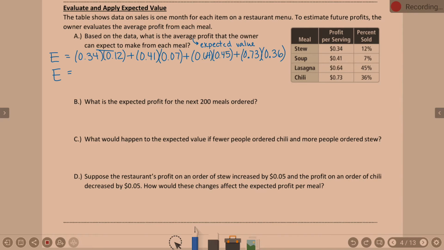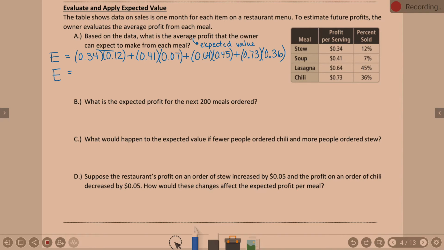And the real test is, can you push all the buttons without making a mistake, right? I personally would just put this all in my calculator at once. It's doable, right? Number times number plus number times number plus. Your calculator's smart. It knows to do multiplication before addition. The other option is if you'd rather, you could do each of the 4 multiplications and then add them. To me, that's just more typing.